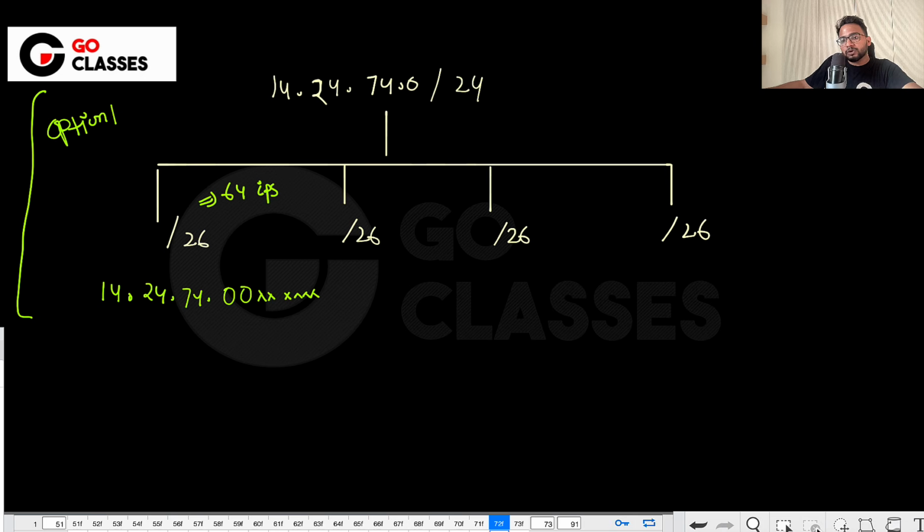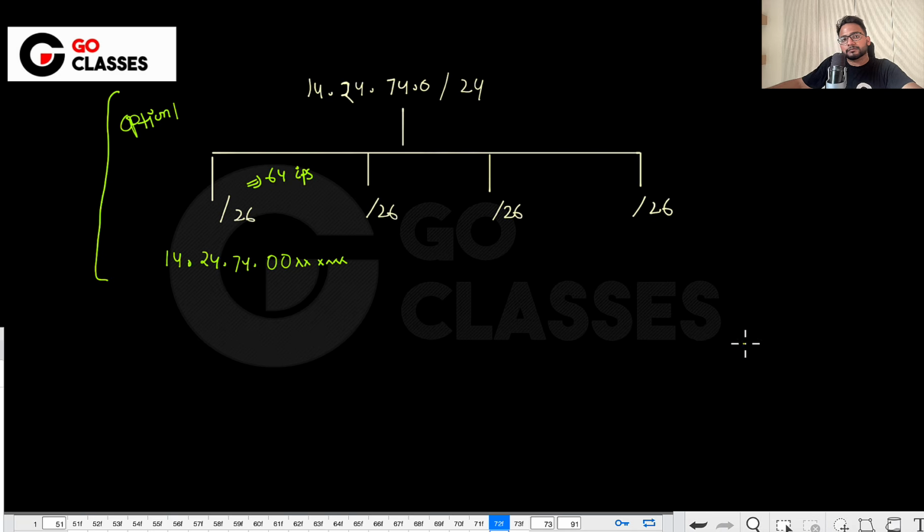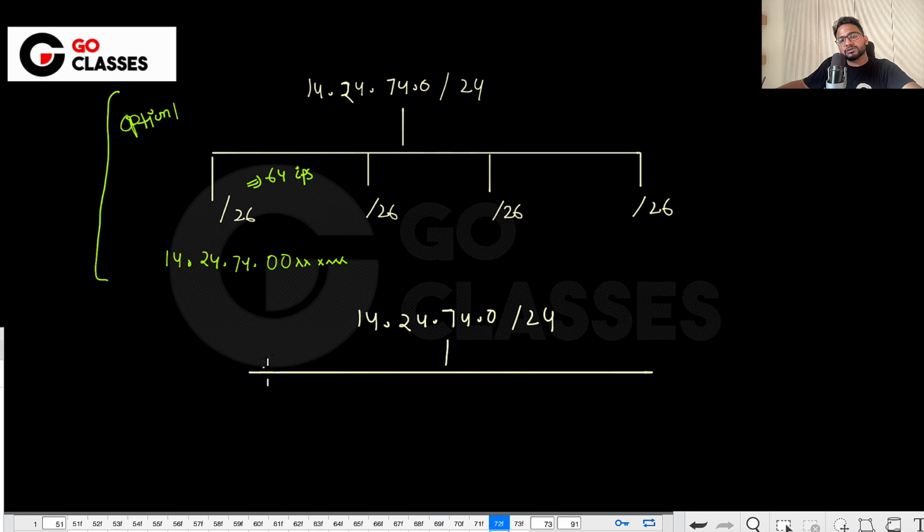Another option here could be to have the same /24 and then divide this into just 2 parts, /25. Since it is /25, every one of these will have 2 power 7, 128 IPs.